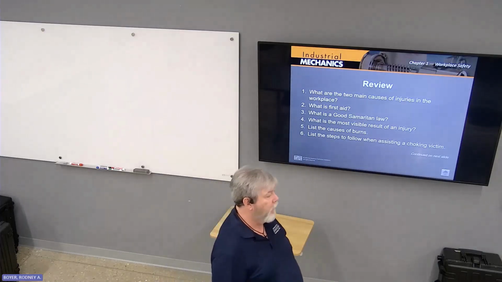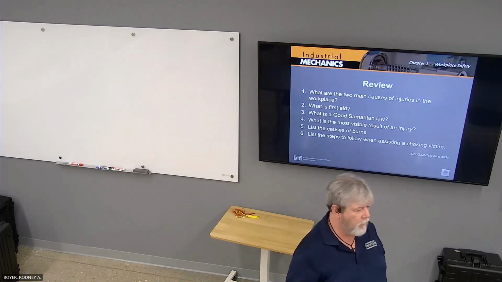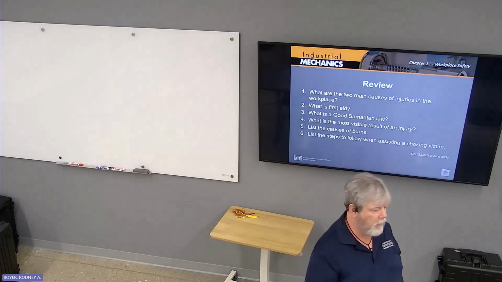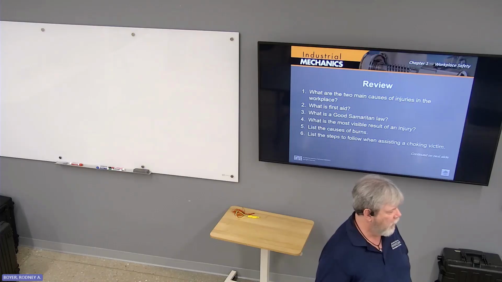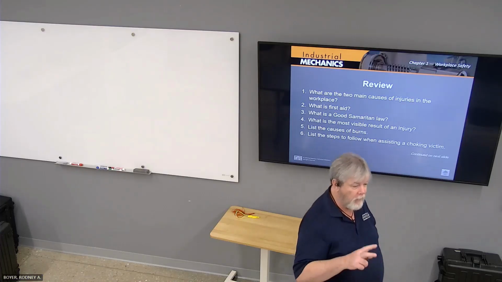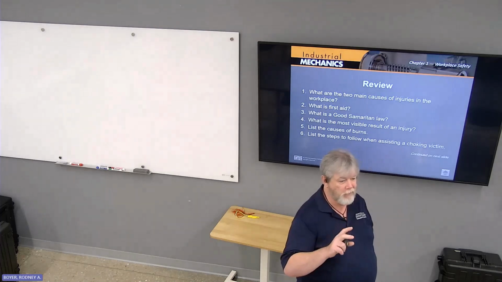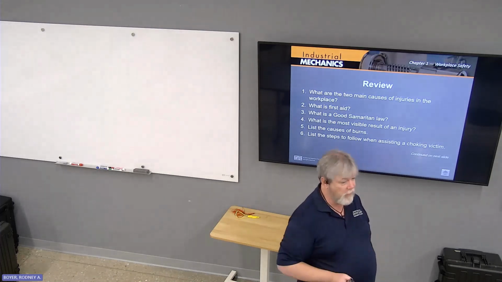According to the National Labor statistics, I can't remember off the top of my head, they actually say that overexertion and slips, trips, and falls are the top two now. And that book is not that old.